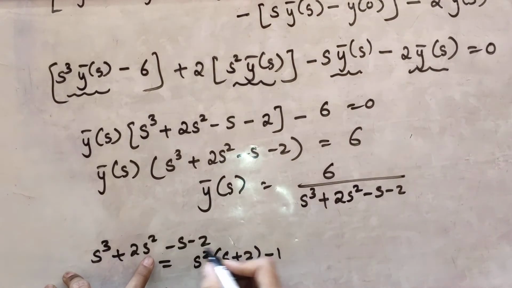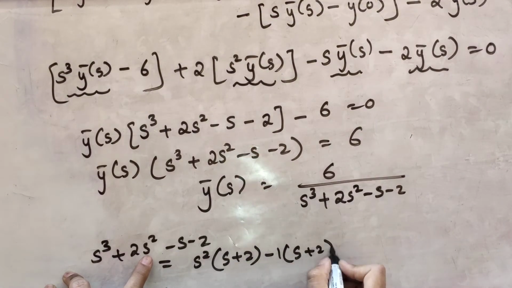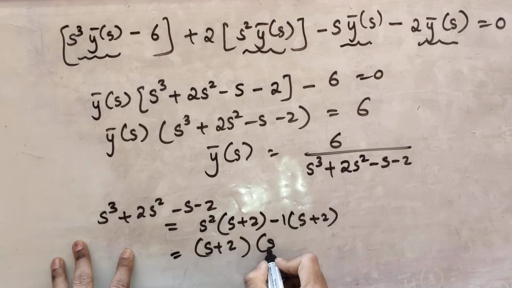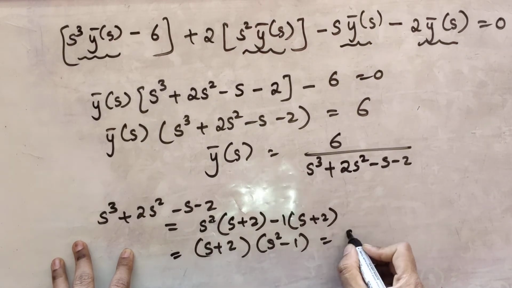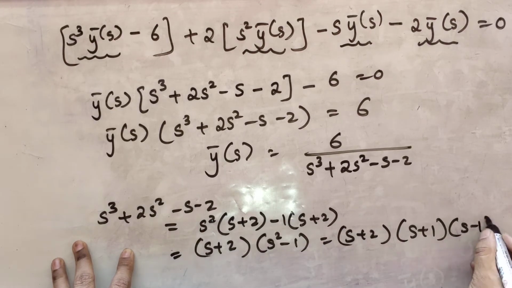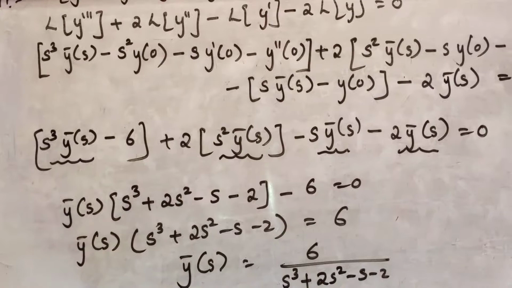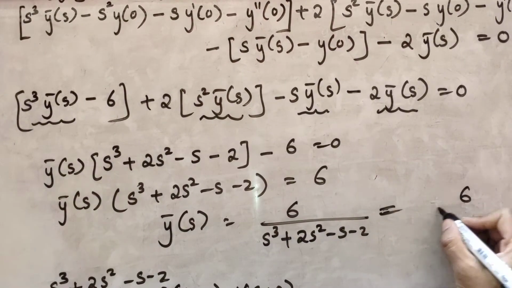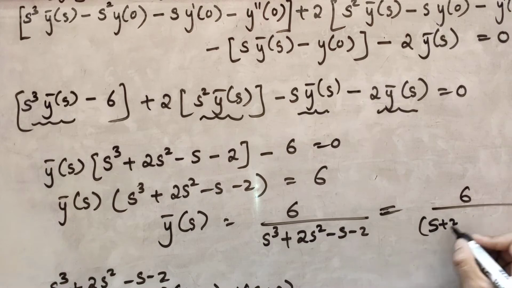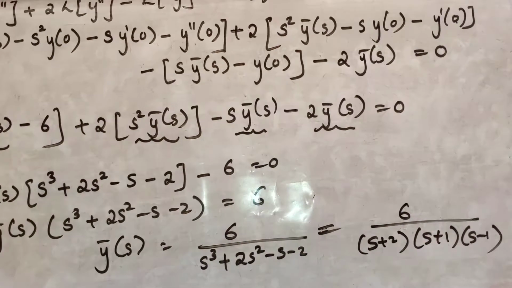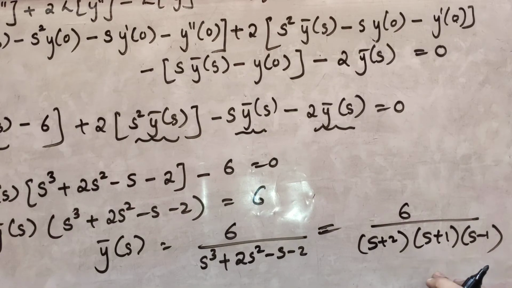I can take minus 1 common from the next two terms, s plus 2 is left. So we will have s plus 2, s square minus 1, or it can be written as s plus 2, s plus 1, s minus 1. So I am going to substitute it here. So this will be 6 divided by s plus 2, s plus 1, s minus 1. Okay. So this is our y bar of s now.